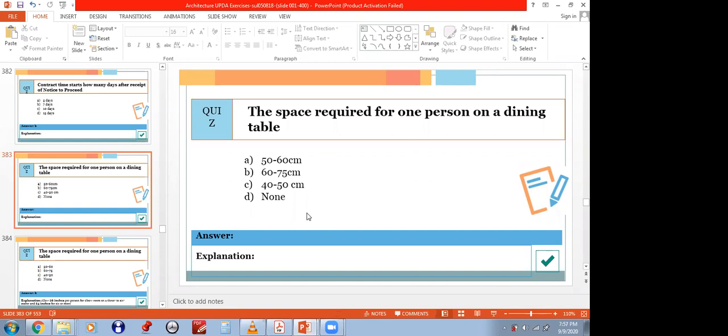It depends, because a 3 to 6 seater table is more congested. A table for 3 to 6 people is like a rectangular table. What I know is, the question is not that clear. Are you saying the table size is 3 by 6? No, the table can seat three to 6, right?